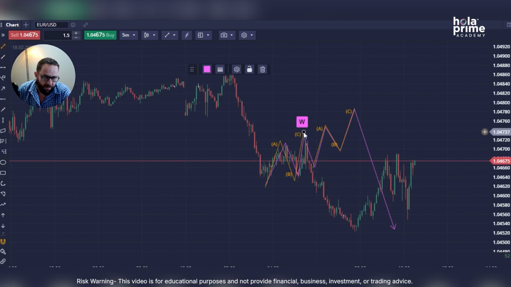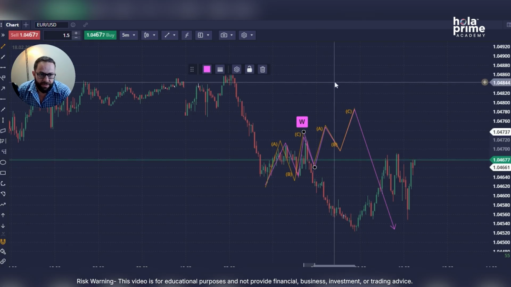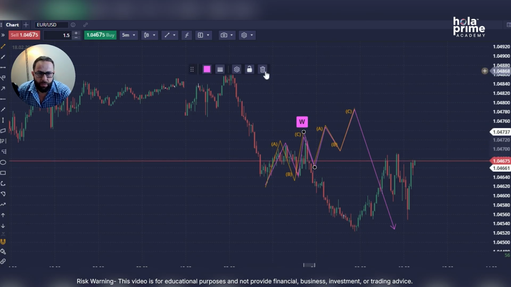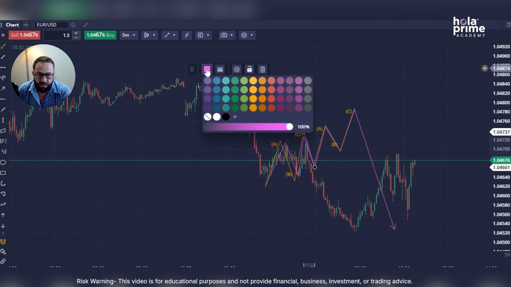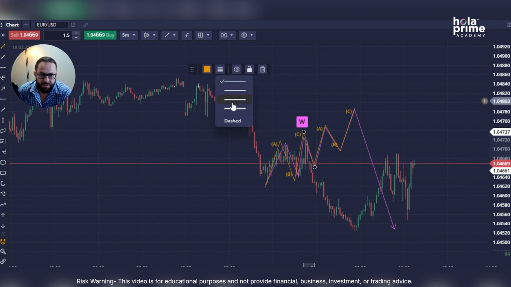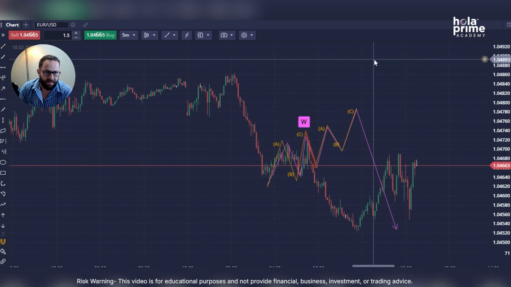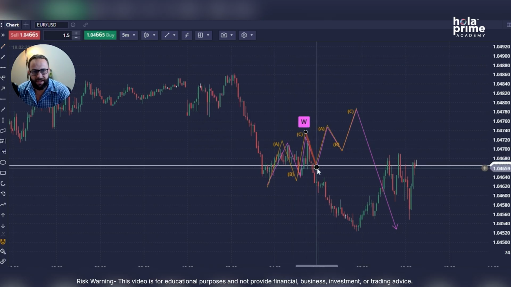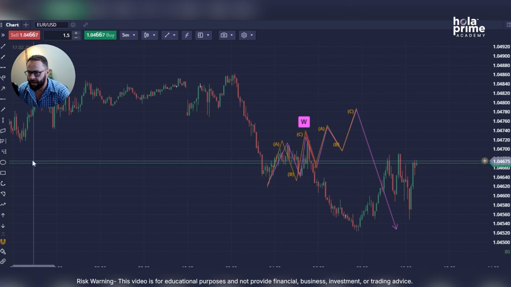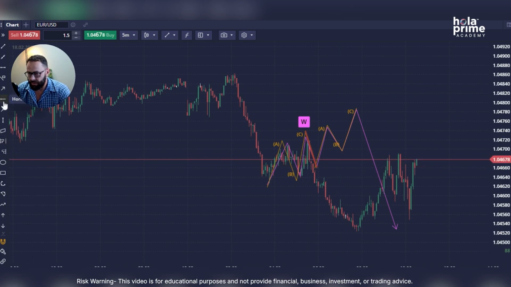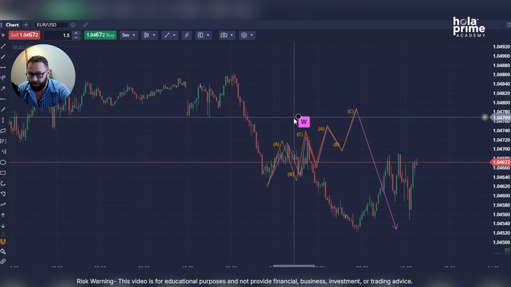This axis over here that basically combines the two ABCs or zigzags together. Let's again use a different color. Let's make it nice and thick so you can see what I'm doing. Let's use a different color, make it red so it stands out. So that axis over here that combines the two ABCs together is called a WXY, or the whole formation is called a WXY.